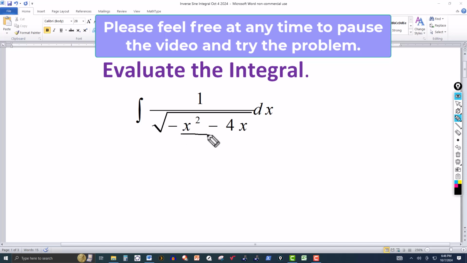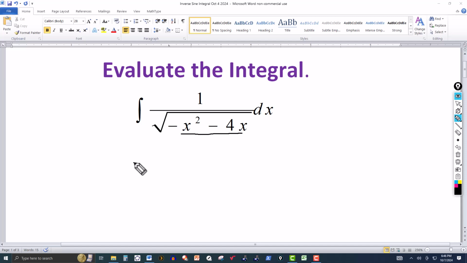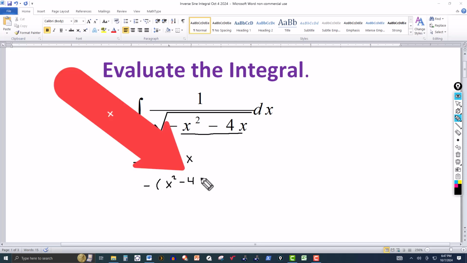So I'm going to take the radicand here, minus x squared minus 4x, and I'm going to factor out a negative here. So it'll be a minus here, x squared minus 4x, and put parentheses here.